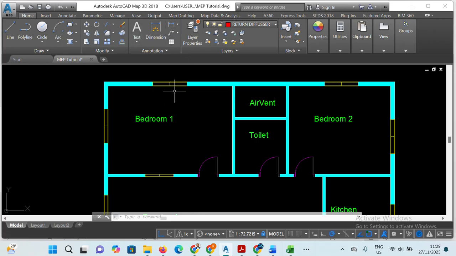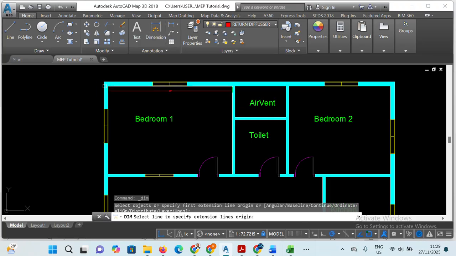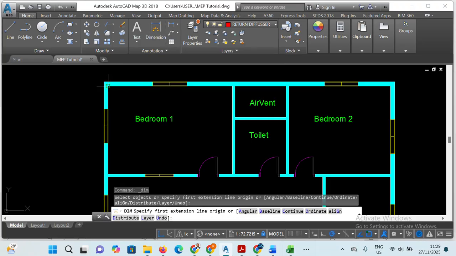Let's move back to the design. We'll now measure the distances in this bedroom 1 that we are considering for placing the air terminal devices. To do that, we need to take the dimensions of the inner part of the room.